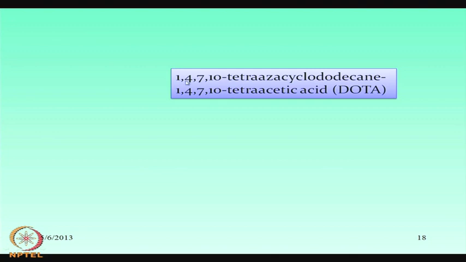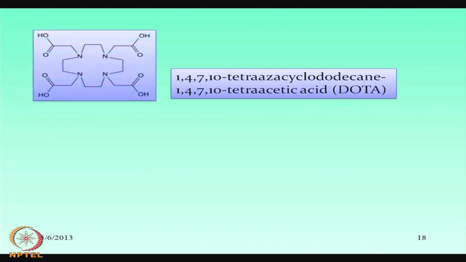And if we derivatize all 4 nitrogen groups by acetic acid functionality, that means the carboxylic acid functionality at all the same positions, we get a ligand which is octadentate in nature and known as DOTA, which is abbreviated as DOTA.